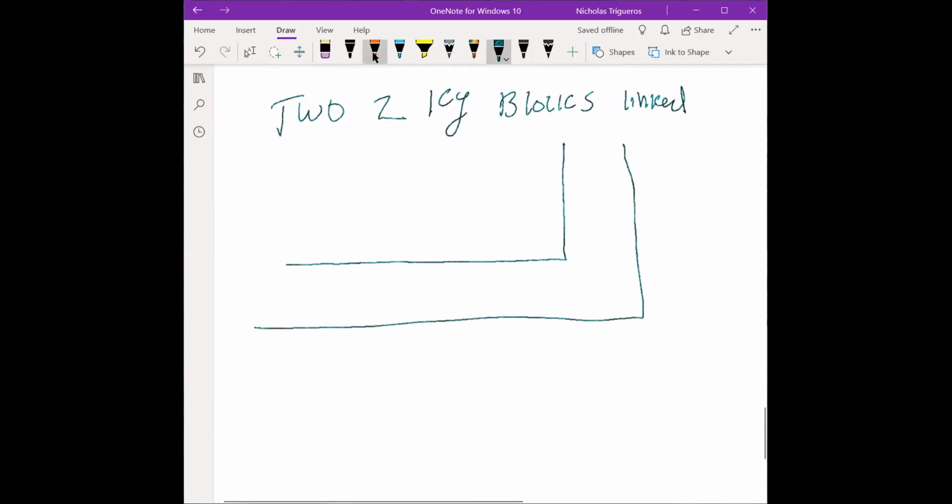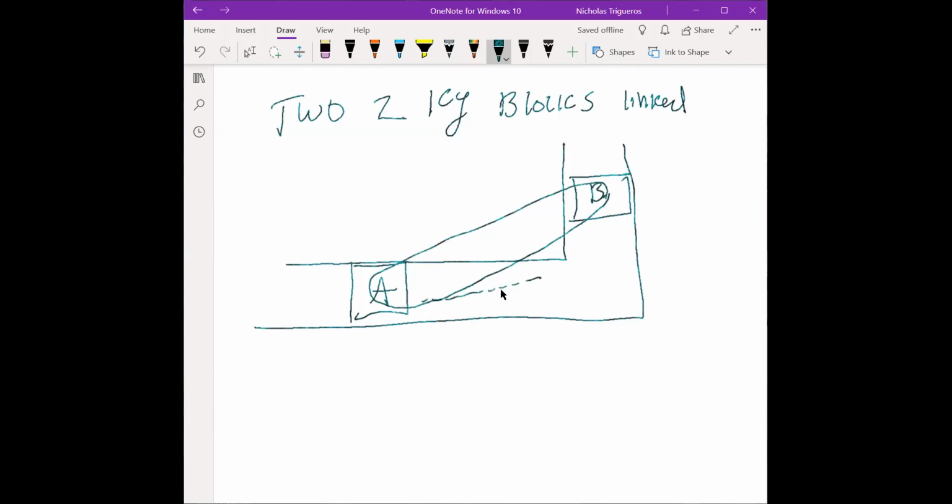We have block A and block B that are connected by a linkage. Totally accurate linkage, I can draw fine. It's at an angle, that's totally a straight angle.